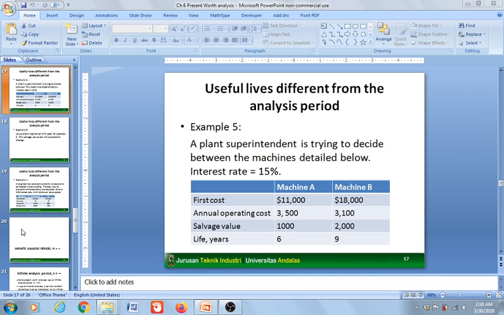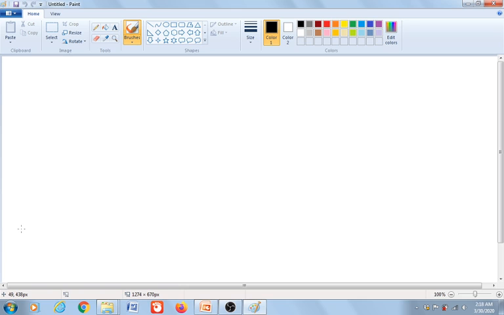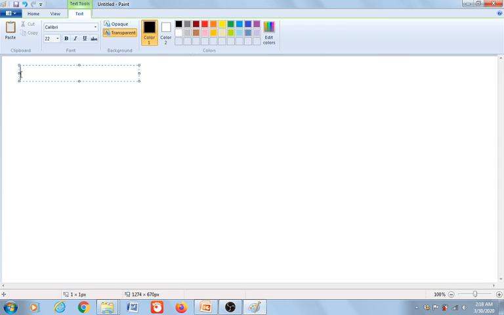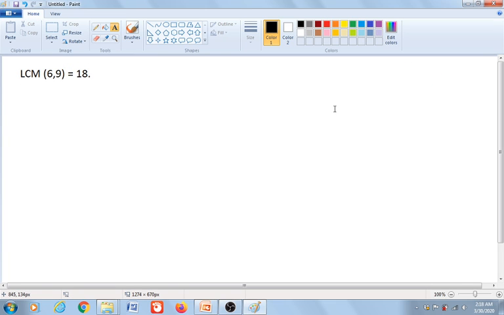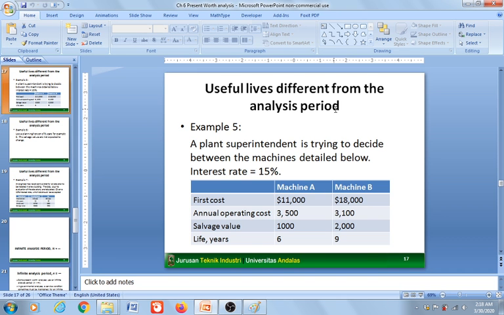For this example, the first thing that we need to do is calculate the LCM. The LCM of 6 and 9 is 18. So we will do the analysis for 18 years. We will analyze machine A first.